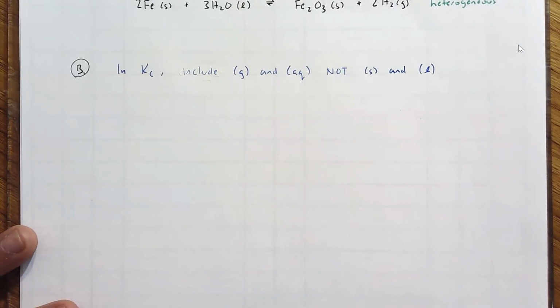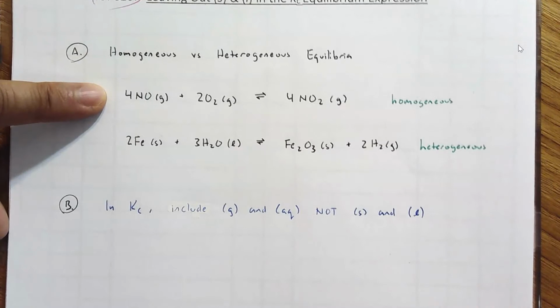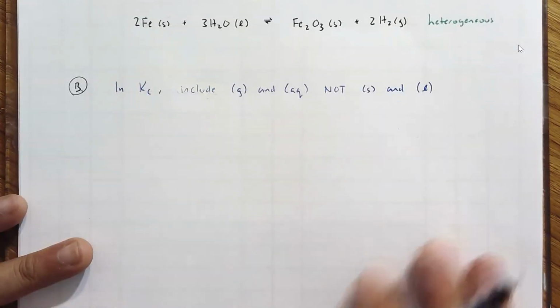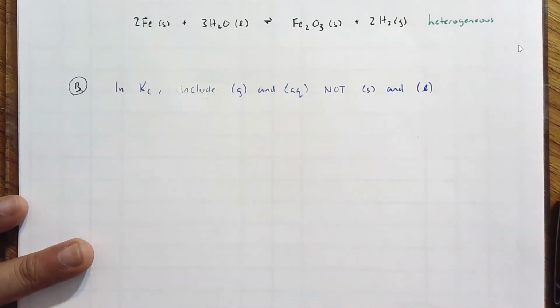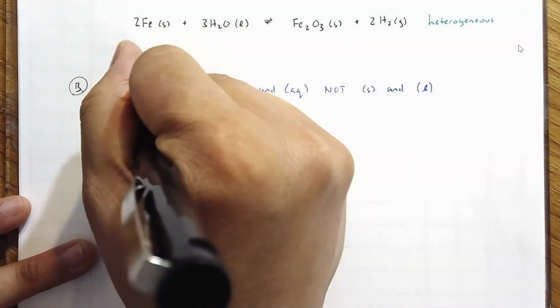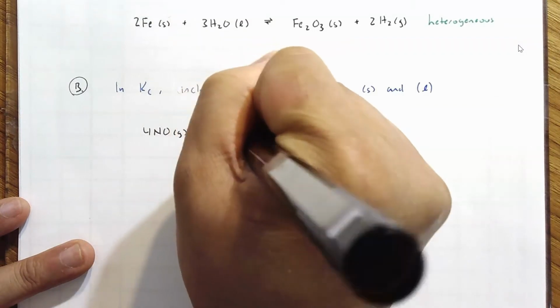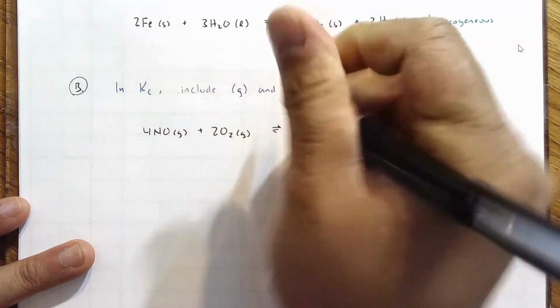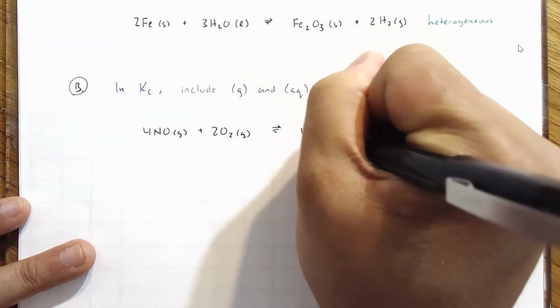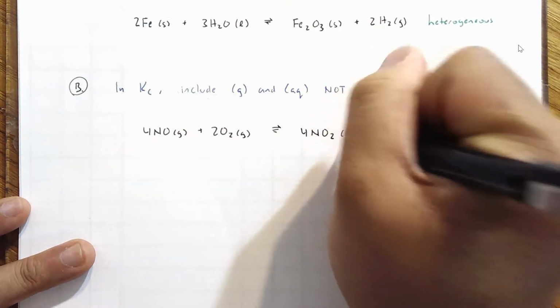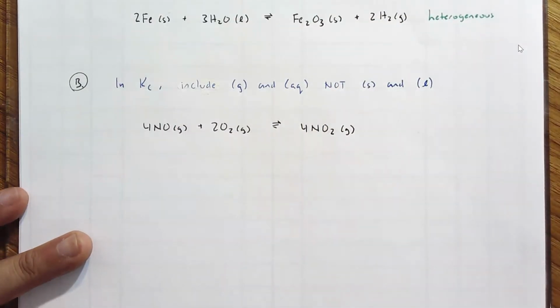So for our first reaction, homogeneous, we have Kc. Actually, should we rewrite it? Let's rewrite it. And on an exam, what if you are asked to write the equilibrium expression?